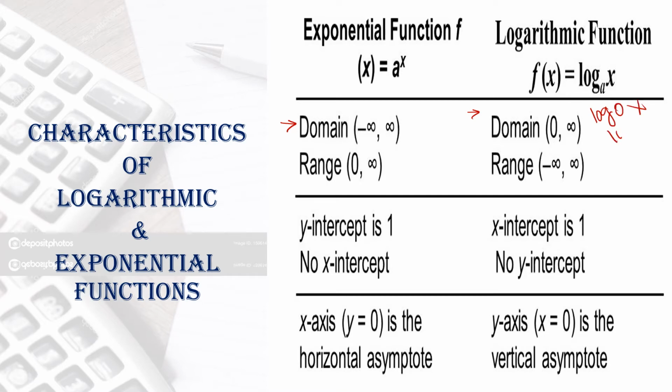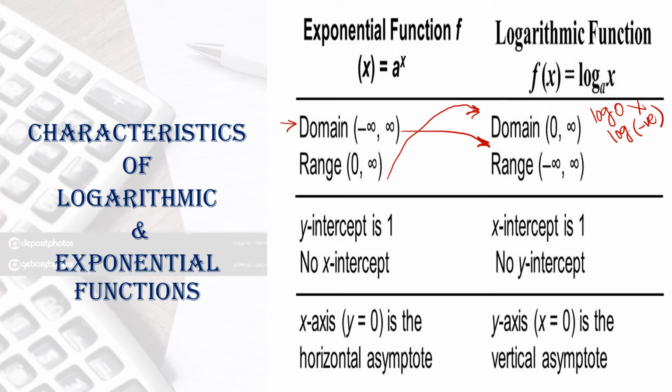Similarly, the log of any negative number cannot be defined. And moreover, exponential function and logarithmic function are the inverse of each other. So the domain, that means the x values of the exponential function, becomes the y values of the logarithmic function. That means the domain changes into the range of the logarithm, and the range of the exponential function becomes the domain of the logarithmic function.